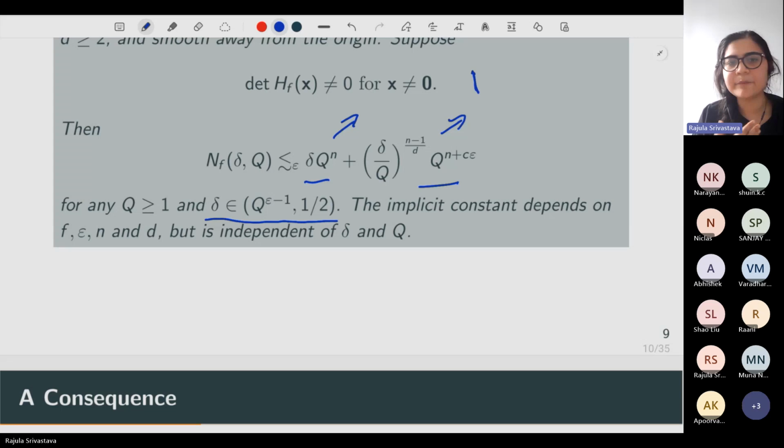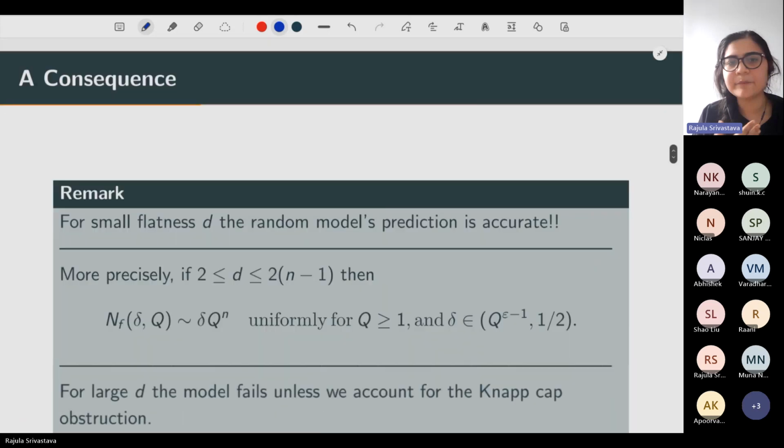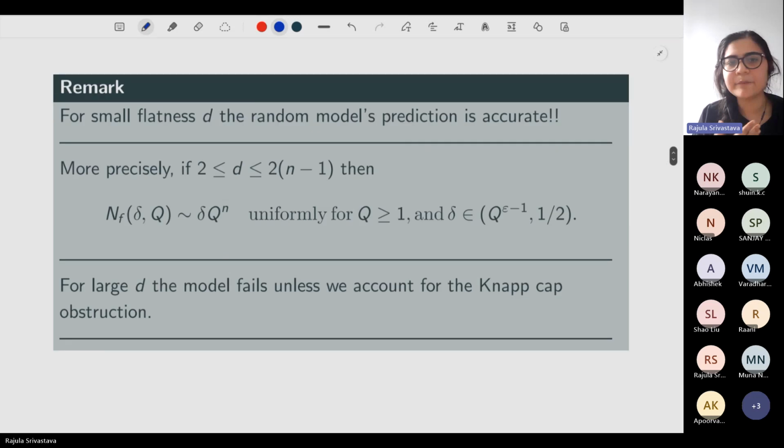But if your degree d of flatness is small enough, for a certain range of this degree, the first term will always dominate. So you try to put these terms together and see what that range for delta is, and if this covers q inverse. And yes, it does turn out that when d is small compared to your dimension, where d is the degree of flatness and n is the dimension, if your d is less than or equal to 2 times n minus 1, then indeed it's always the first term which dominates in this range of delta.